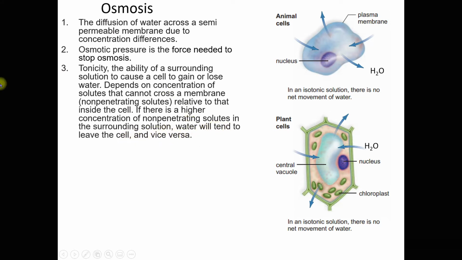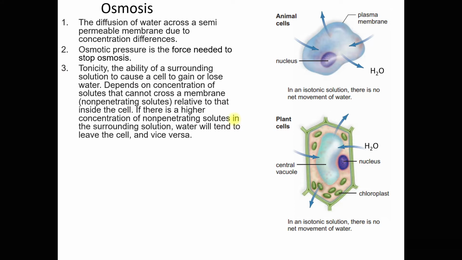Solutes are not necessarily able to enter the cell. If the number of solutes inside the cell is high, what will happen? The water from the environment will diffuse into the cell via osmosis.